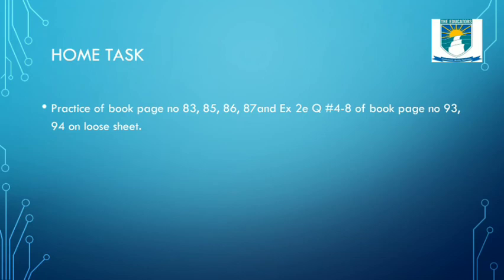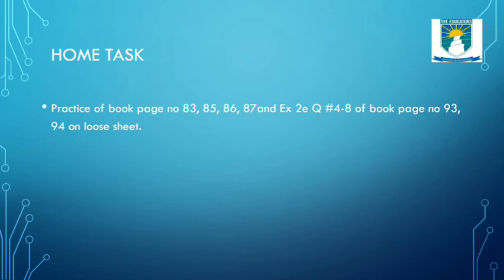Today's home task is practice of book page number 83, 85, 86, 87 and exercise 2E, question number 4 to 8 of book page number 93, 94 on loose sheet.